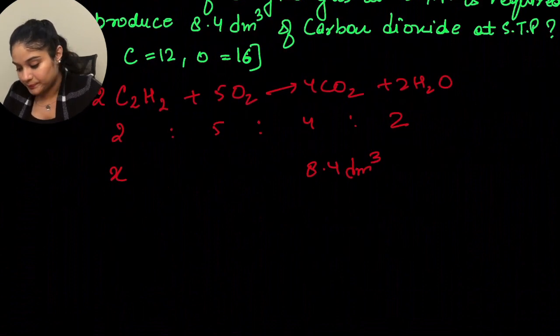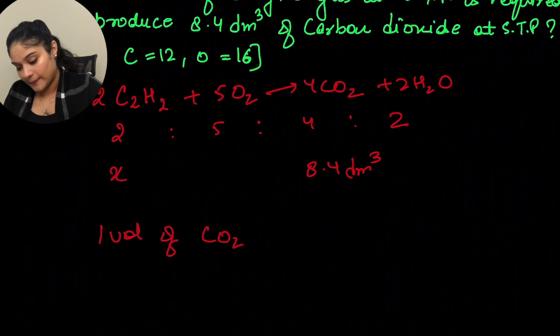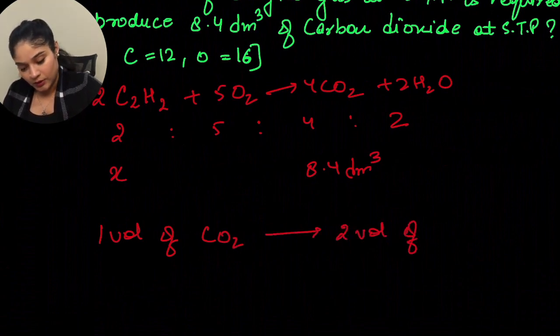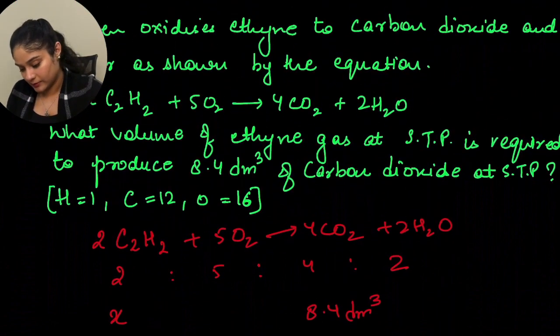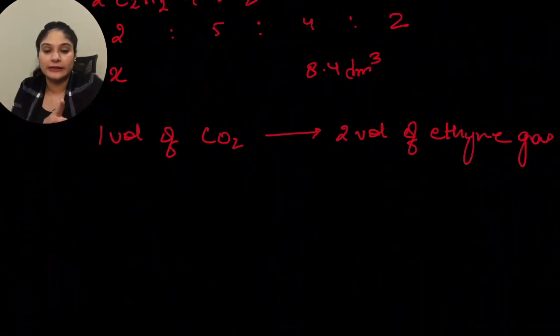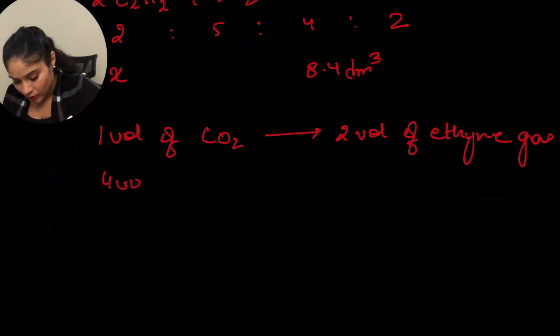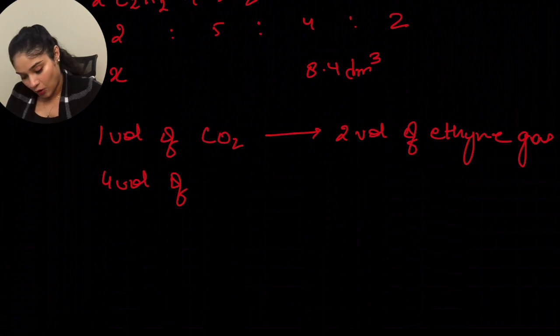So how you'll move forward with this is, you'll say that 1 volume of carbon dioxide is produced by 2 volumes of ethane. Ethane, it's ethane, right? Yes, ethane. So 1 volume of carbon dioxide gas is produced by 2 volumes of ethane gas, correct?